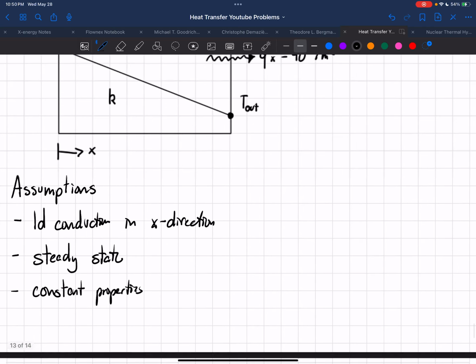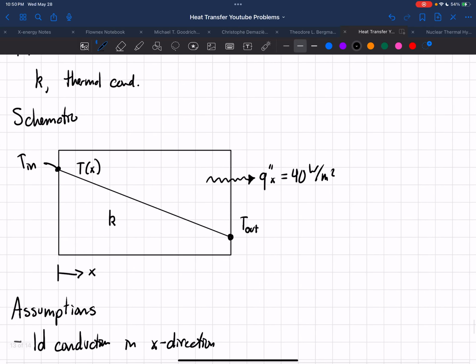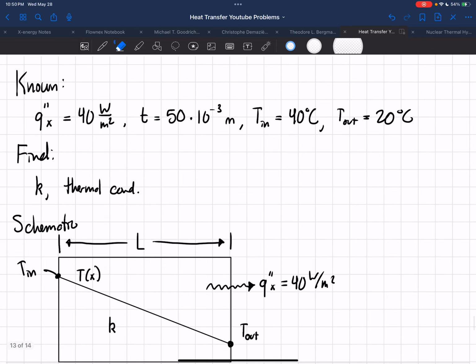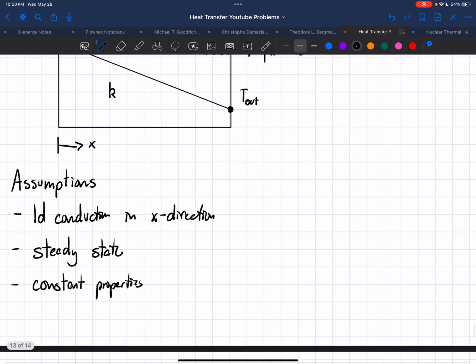And you know what? I forgot to write that in our schematic, so maybe some of you caught that. We need to put L here. And we also know L, except I called it T. Double mistake. So we'll call it T for the thickness, and that's 50 millimeters.